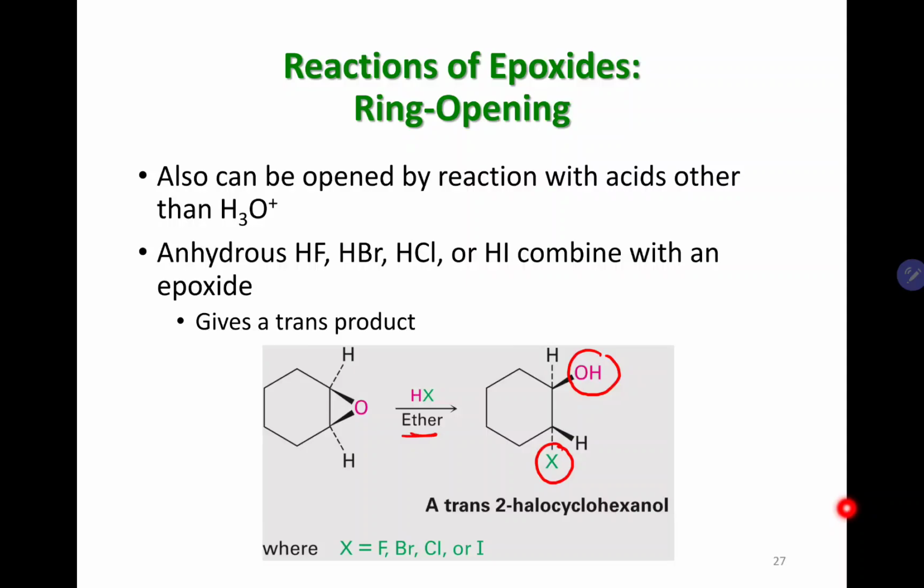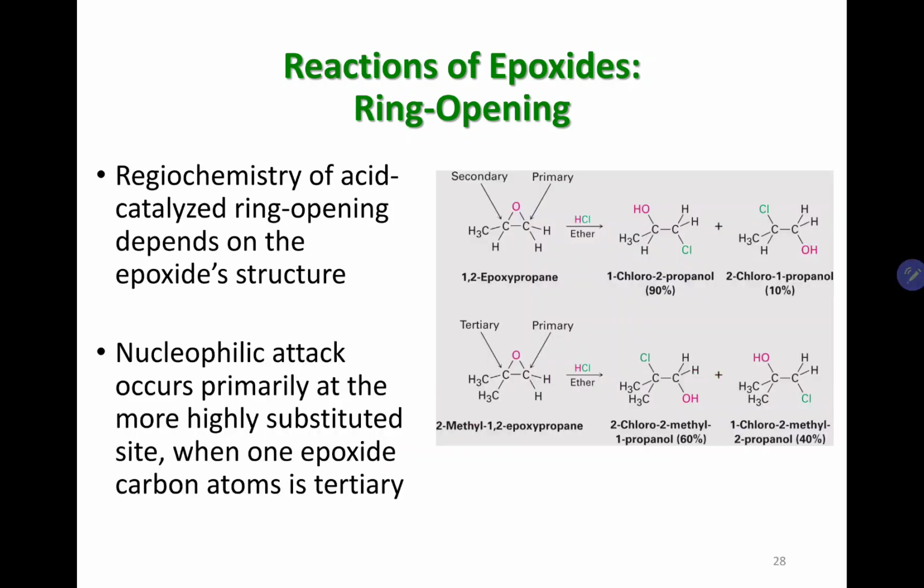The previous dilute acid reaction gave you a trans 1,2 diol, but in here you will get a trans product that is not going to be a diol. Instead, it will be an OH on one carbon and a halogen on the other carbon. Once again, they will be trans to each other. Okay, so in the next slide I have a few examples.